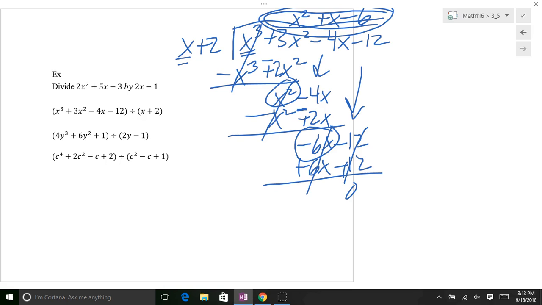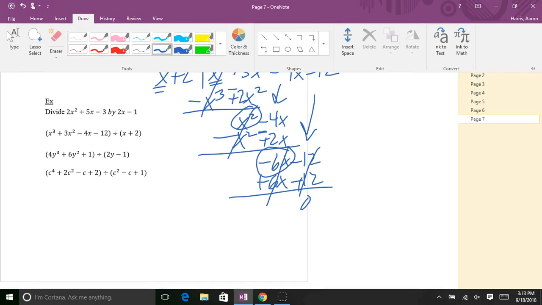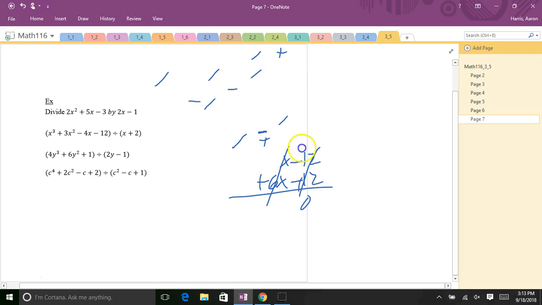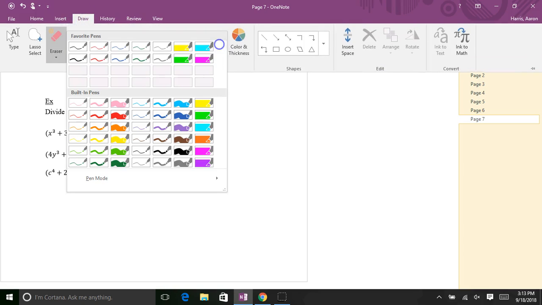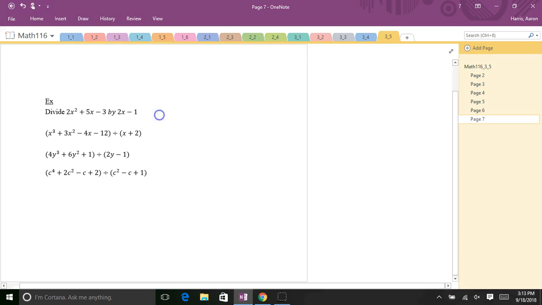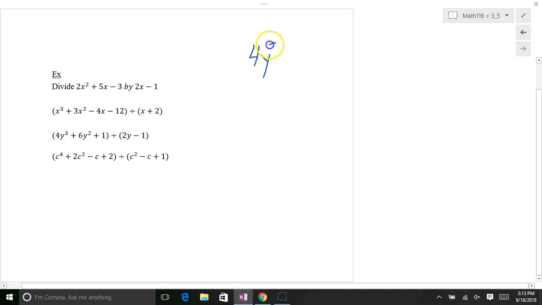Okay. Do another one here. Just got to get some more room on these. Alright, next one I got 4y cubed, I've got 6y squared.